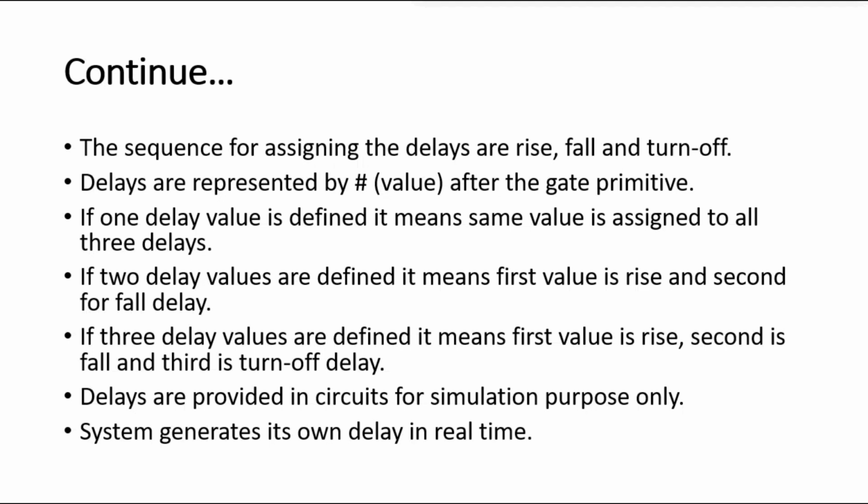In case of 2 values assigned after a hash sign, the first value is rise delay and the second one is fall delay. In case of 3 values assigned after a hash sign, the order will be rise, fall and turn off delays. Practically, the system generates delay automatically. The assignment of delay values is applicable only for simulation purposes.